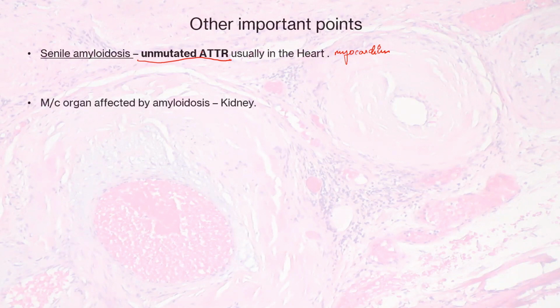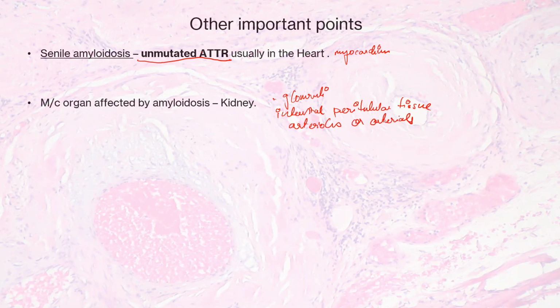The most common organ affected by amyloidosis is the kidney. And the deposits can be in the glomeruli, the interstitial peritubular tissue, or in the arterioles or arteries.